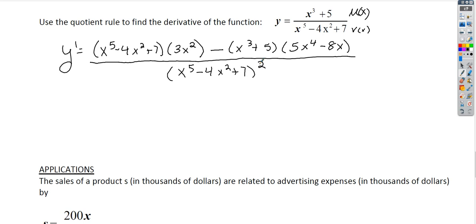And so you could stop there, or if it says to simplify, you can go on and simplify. I'm going to pause it, and so it'll just show up in just a second.